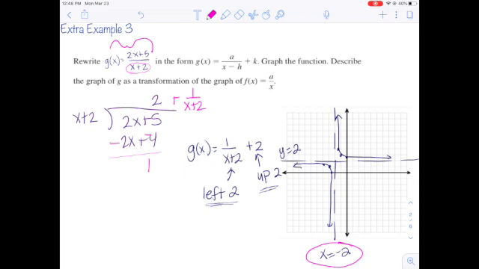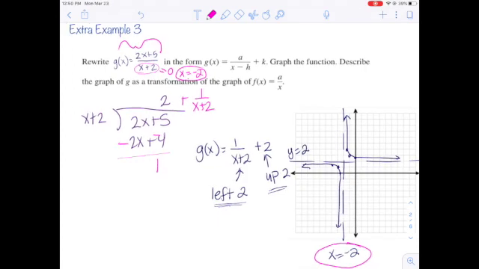When you have a fraction and its denominator is equal to 0, that cannot happen. That fraction is undefined. So if you take this denominator and set it equal to 0, you'll see that x is equal to -2. And that is when the function is undefined. So our function does not exist with an x value of -2, and that is what creates our vertical asymptote.